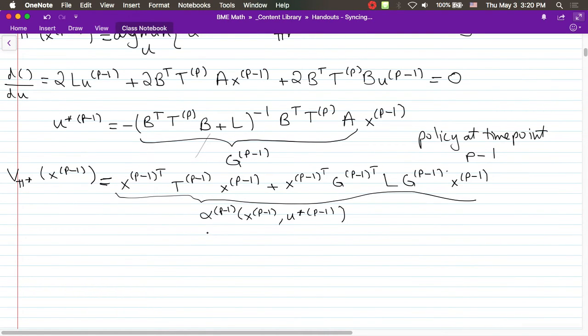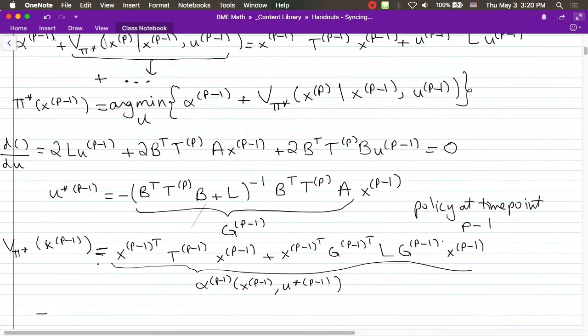The second part is the value of the state that it takes us to. So that's going to be this term here.